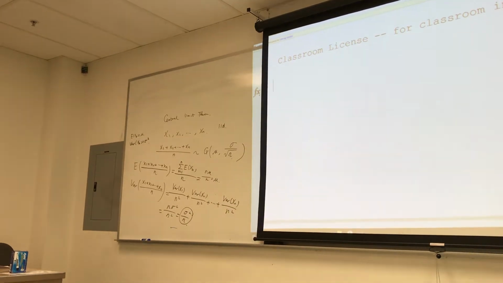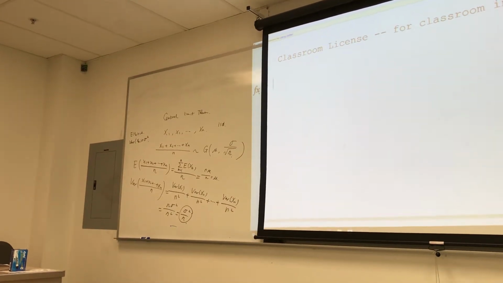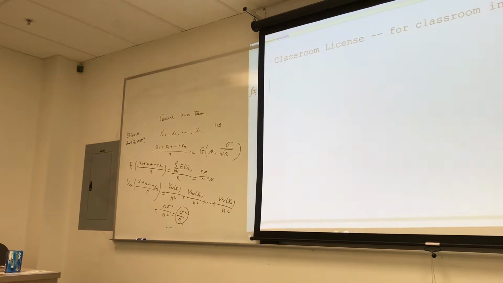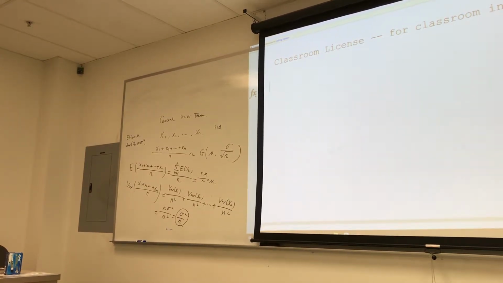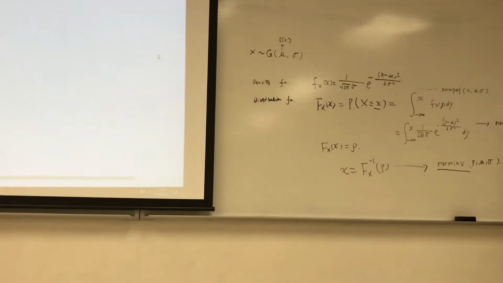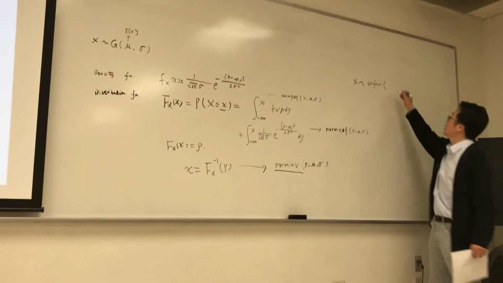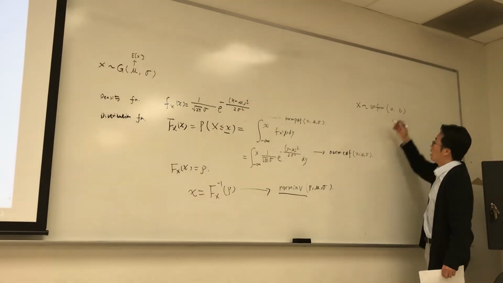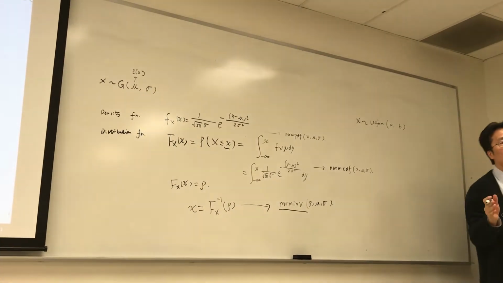And here this is Gaussian, right? For the uniform, let's say if a random variable follows a uniform distribution between A and B, on the interval from A to B, okay?